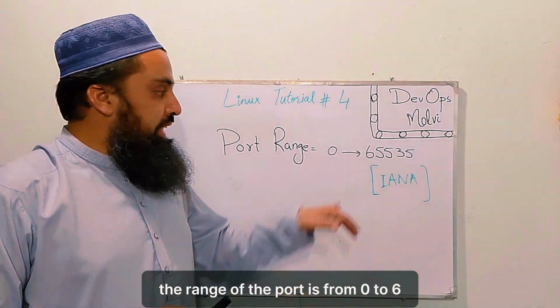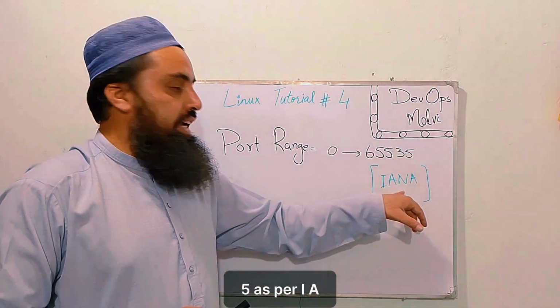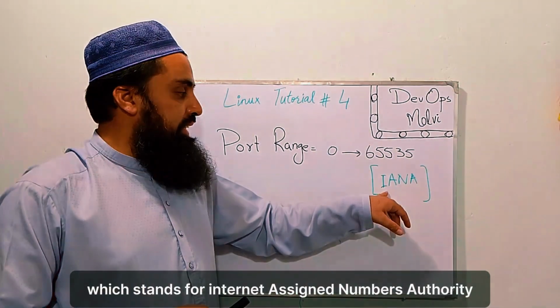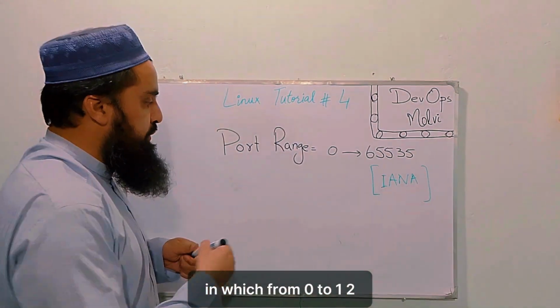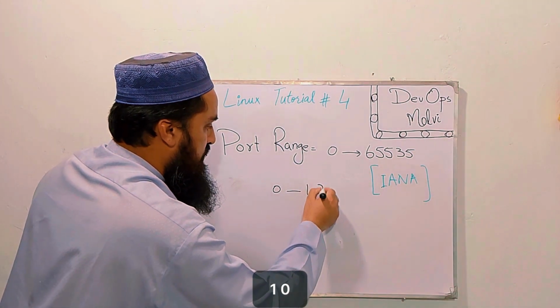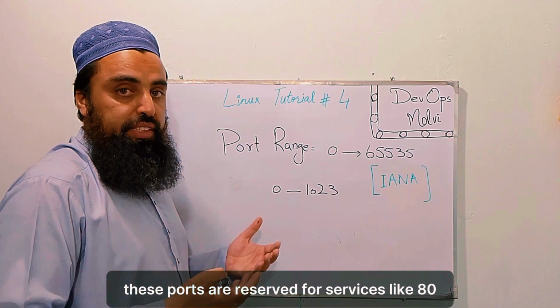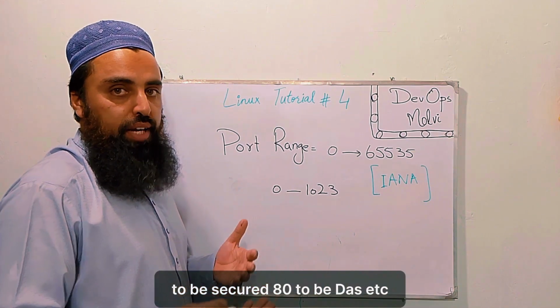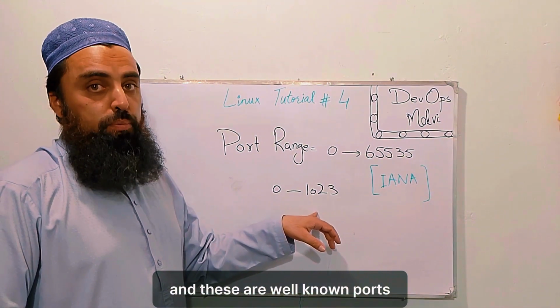The range of the ports is from 0 to 65535 as per IANA, which stands for Internet Assigned Numbers Authority. From 0 to 1023, these ports are reserved for services like HTTP, secure HTTP, DNS, etc., and these are well-known ports.